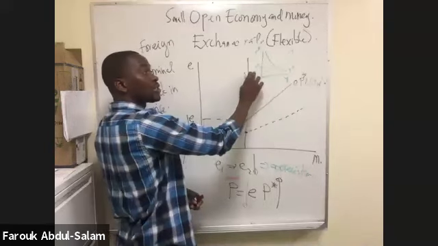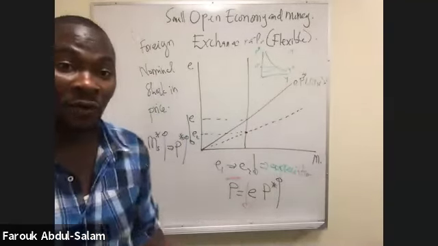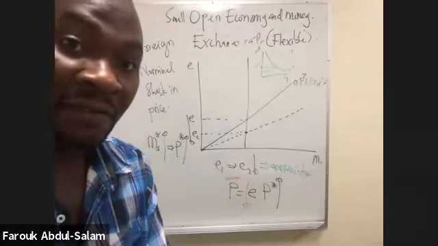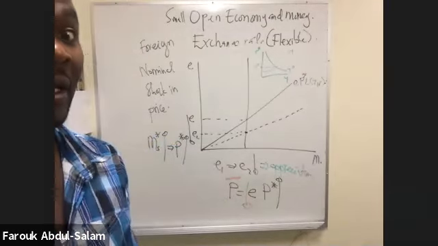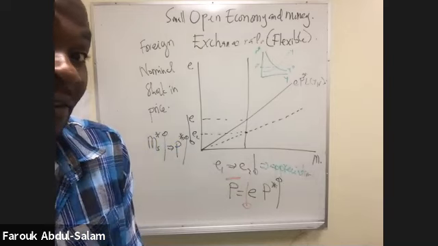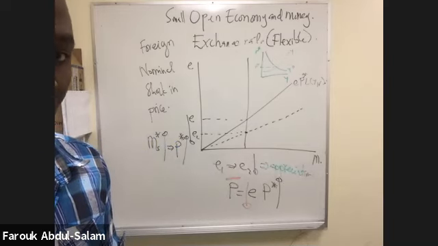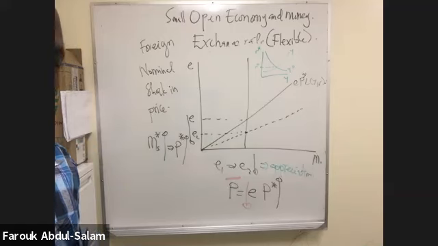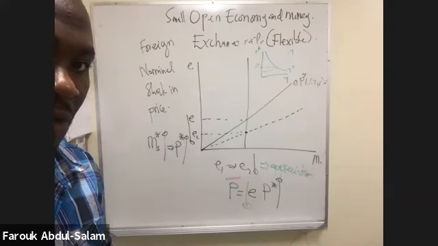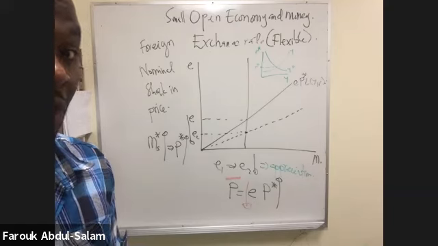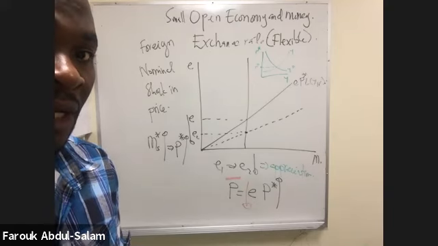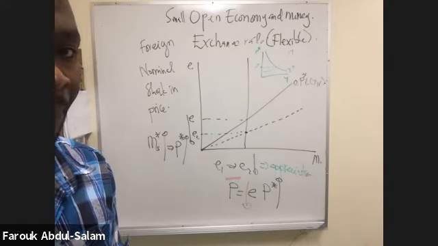And this is where it will forever be, unless, of course, the real interest rate gets affected. Now, the question here is, is the real interest rate affected? Because remember, the only way you shift your YD is that the real interest rate has been changed. So you have to move in accordance with that, given your NX.